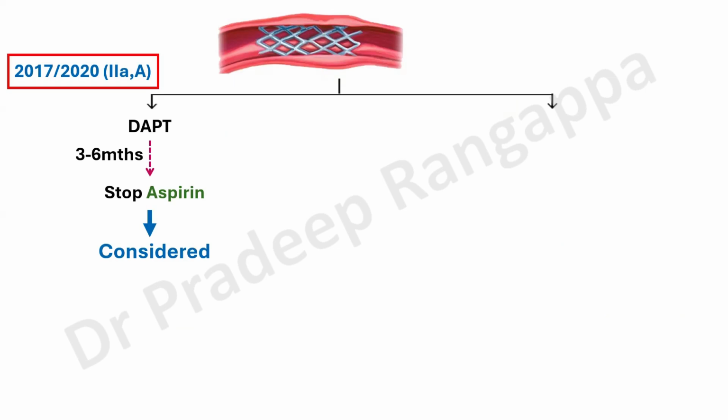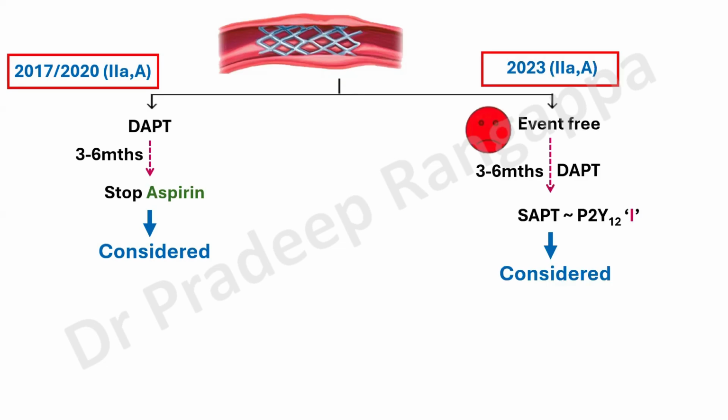So even in 2023, the strong evidence, when I say level A evidence, is a good level of evidence, and what has to be considered is if the patient is event free for 3 to 6 months on dual antiplatelet therapy, then they can be changed to single antiplatelet therapy with a P2Y12 inhibitor. So as you see, there is more emphasis on continuing the P2Y12 inhibitor for a longer time as a single antiplatelet, and aspirin could be considered to be stopped at the end of 6 months.